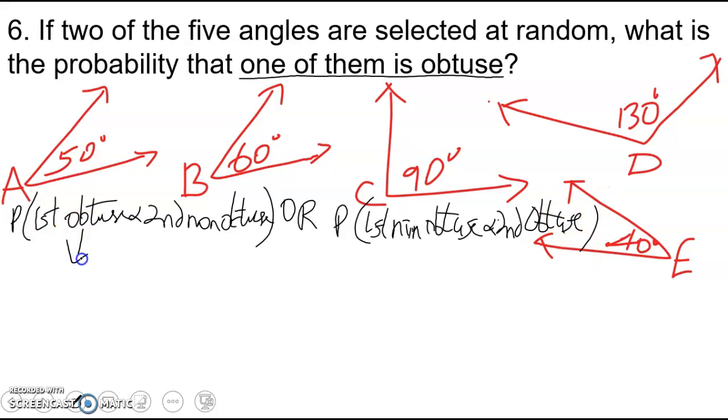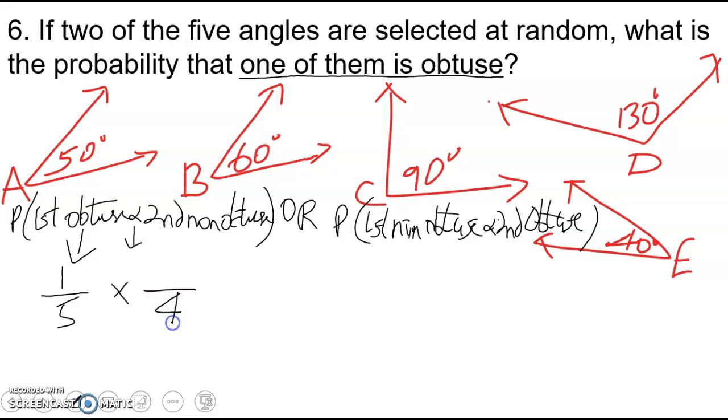So now the probability that the first one is obtuse, obtuse is more than 90 and less than 180. So there's only one obtuse. So the favorable is 1 over the total, which is 5. So this is "and", so it's going to be multiplication. And the second one, again, after we remove the first angle, only 4 are left.